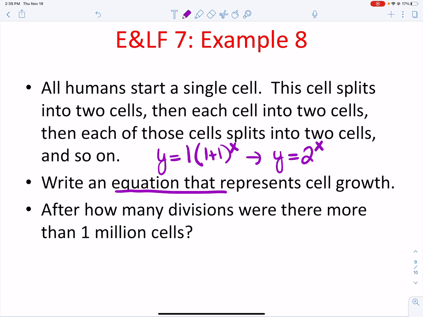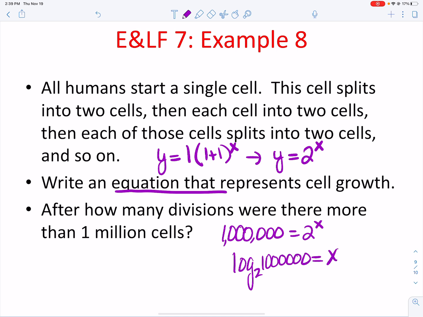Okay. After how many divisions was there more than 1 million cells? So wouldn't I put 1 million in for y, and then I would do the log base 2 of 1 million. So I'm going to do the log base 2 of 1 million.